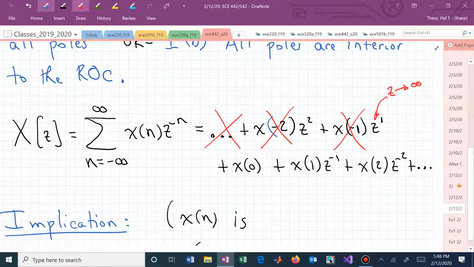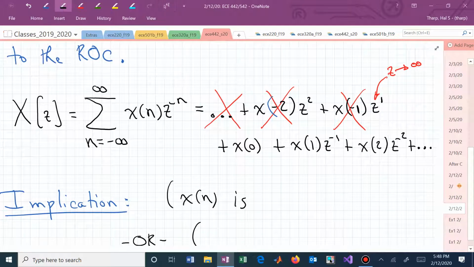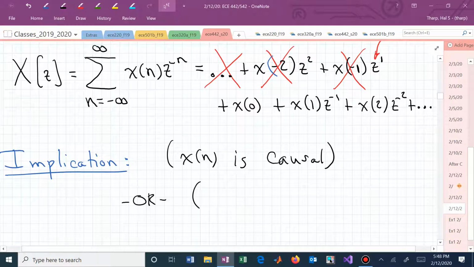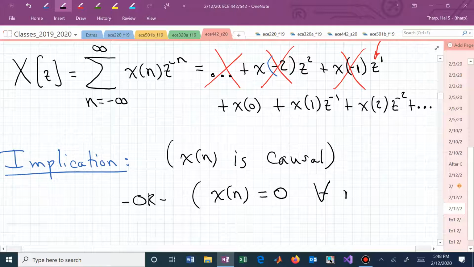That says then we can now introduce some new terminology. We can say x of n is causal. Or we could also say x of n, the sequence, is equal to 0 for all n negative. Same statement. X of n being causal means that x can only be non-zero when little n is non-negative.